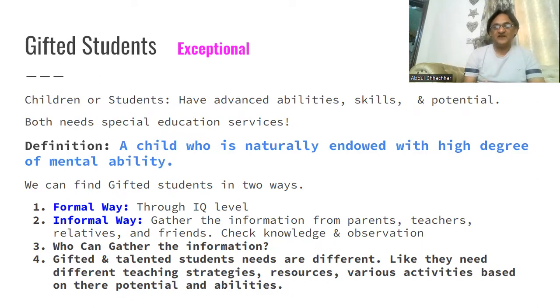They even help you understand what type of learner he or she is, verbal, non-verbal, like that. Another thing is the informal way: we collect data from the parents, from relatives, through interviews, through observations, in order to identify whether the children are gifted or talented.